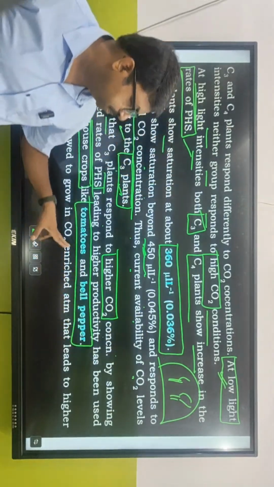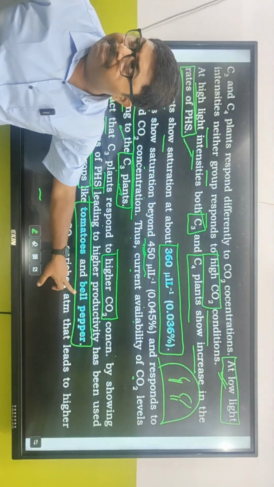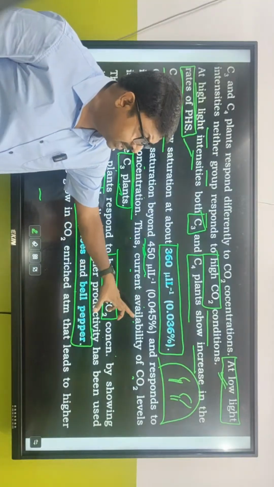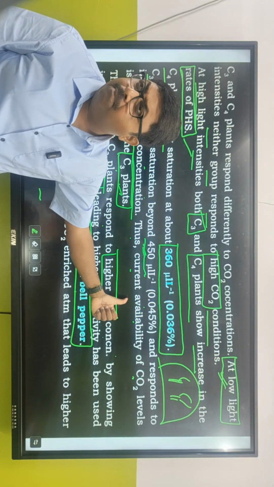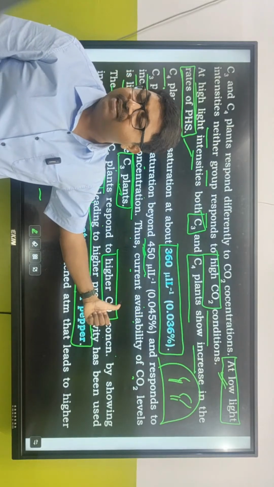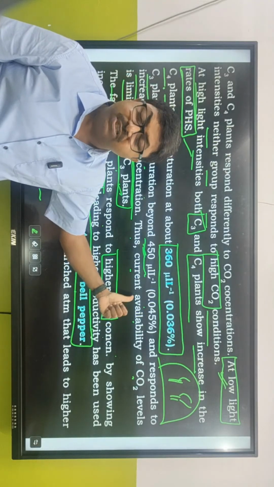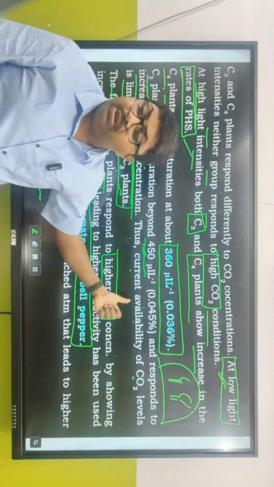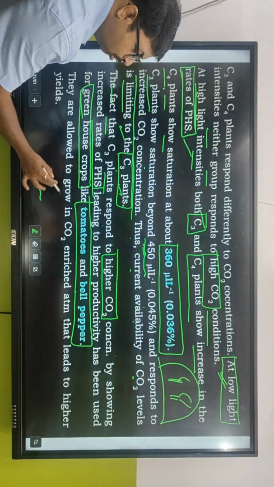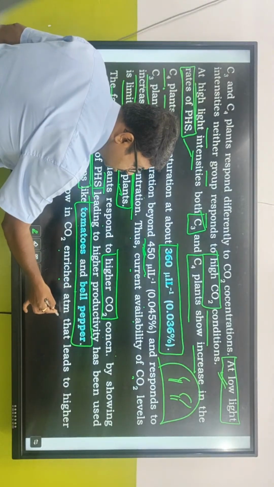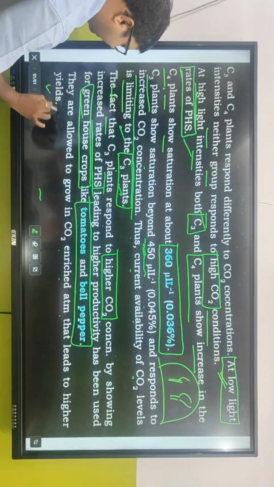Normally কত পার্সেন্টেজ থাকে? 360, but they are going to get activated at more than 450, that is close to 460. And 460 ওদেরকে কে সাপোর্ট করছে? গ্রিনহাউস ইফেক্টে। They are allowed to grow in carbon dioxide enriched atmosphere that leads to higher yields.